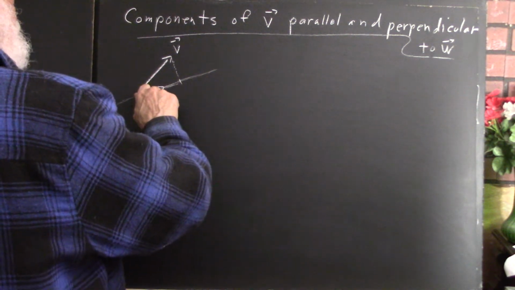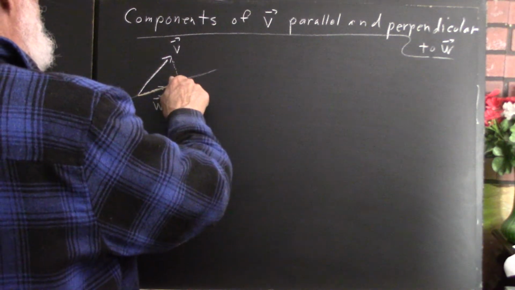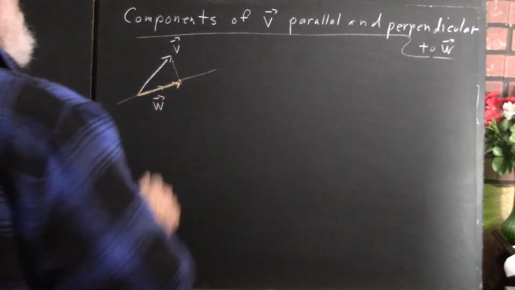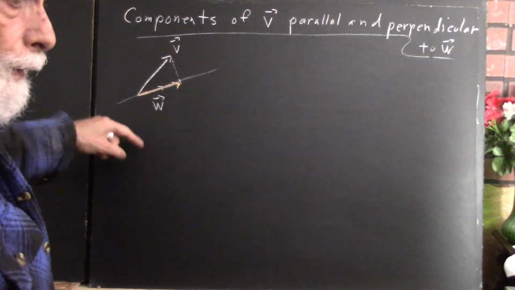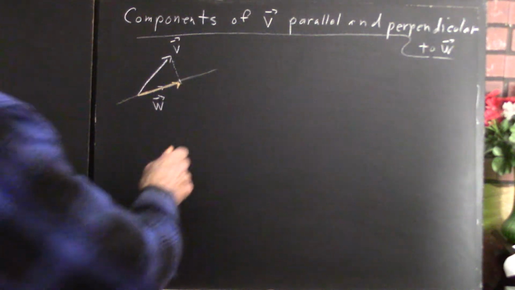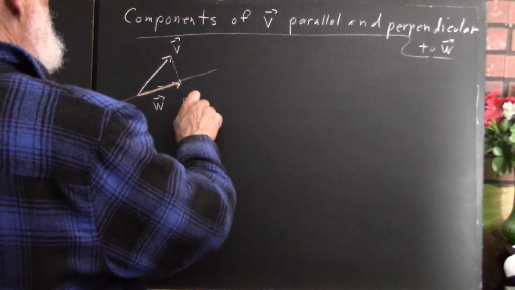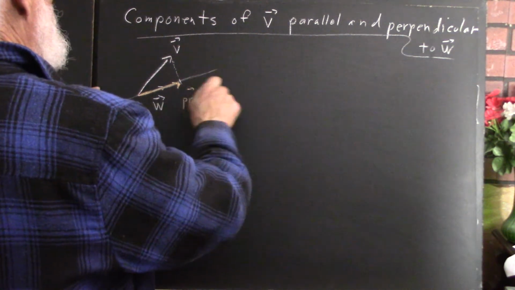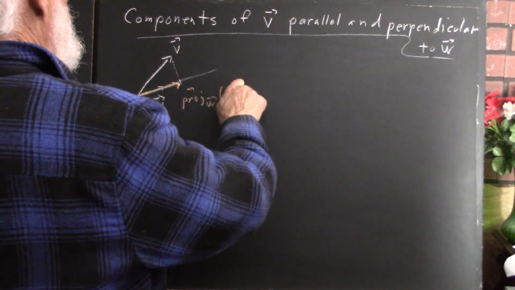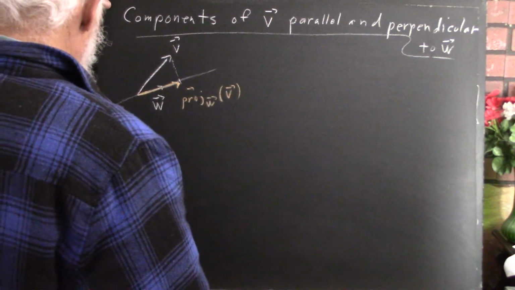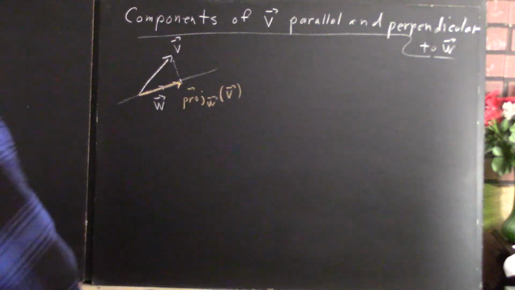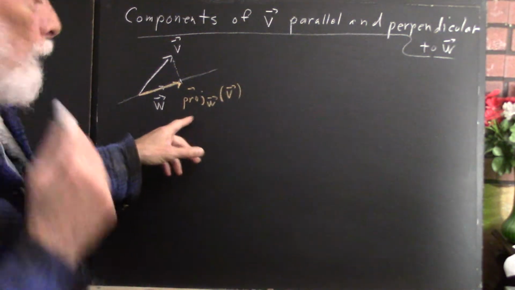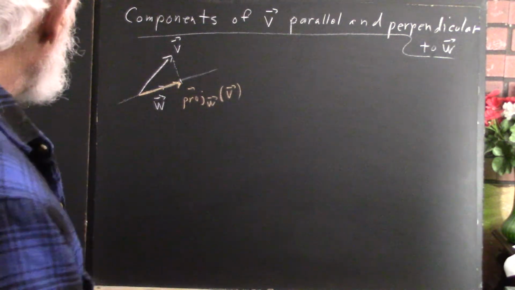And we know from what we've just done that this projection is easy to calculate if we know the components of V and the components of W. So we get the projection onto W of the vector V, and we know that there's an algebraic expression that we can use to calculate this very easily.